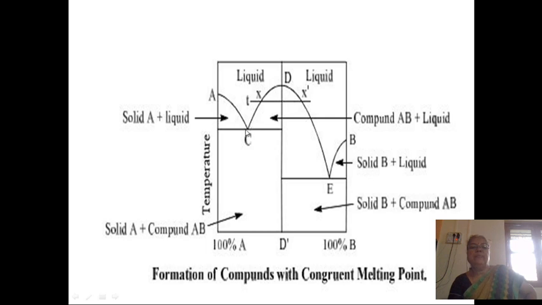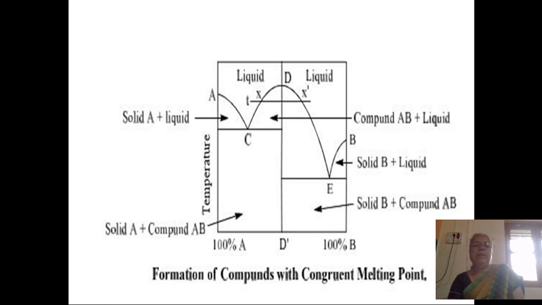This is the C point, and it is a eutectic point. And at this C point, three phases are in equilibrium, and those three phases are solid A, solid AB, and solution. This C point is a eutectic point.